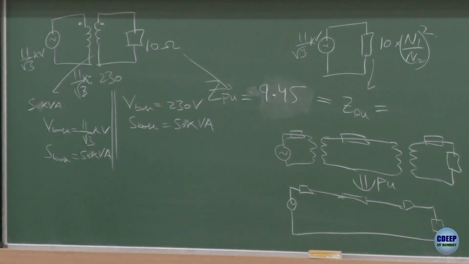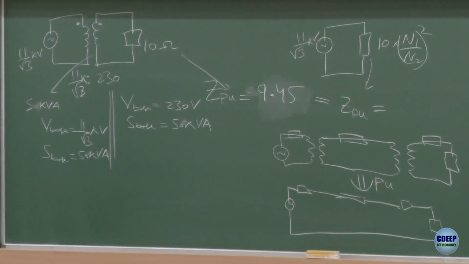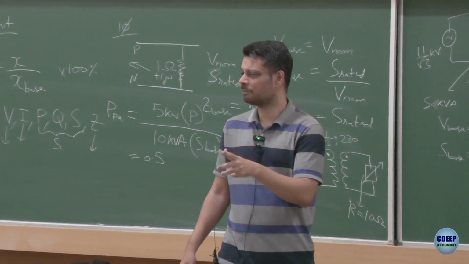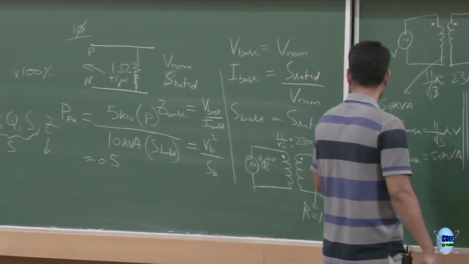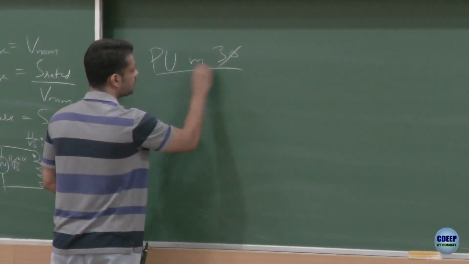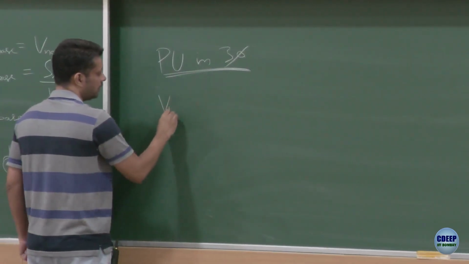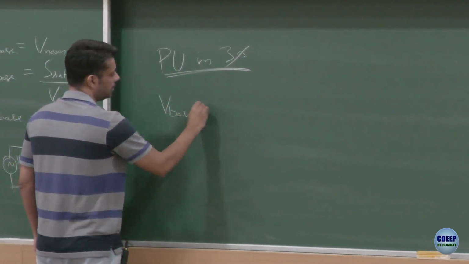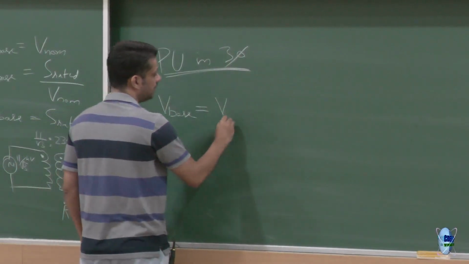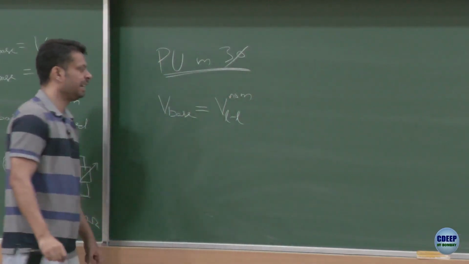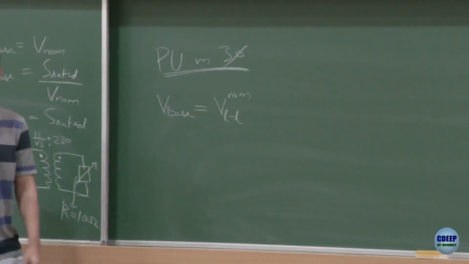Okay, this is for single phase. For 3 phase there is also a per unit system. The way base is defined is a little bit different. Let's have a quick look at that. PU in 3 phase: V base is usually the V line to line nominal value.